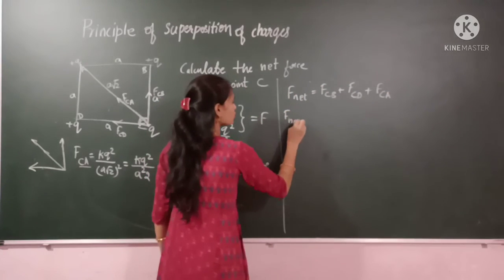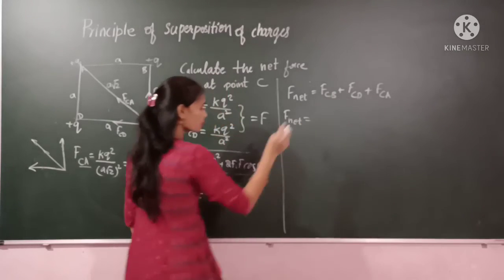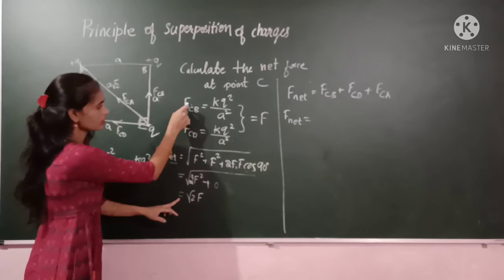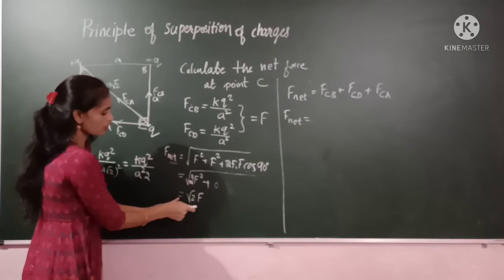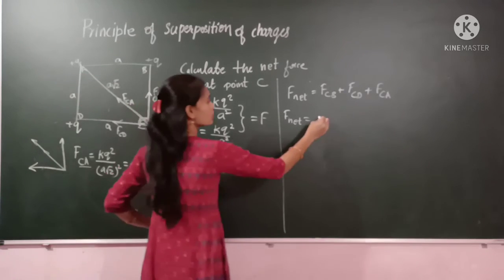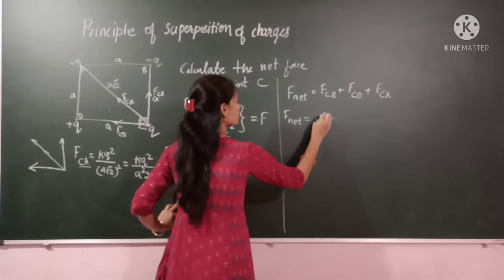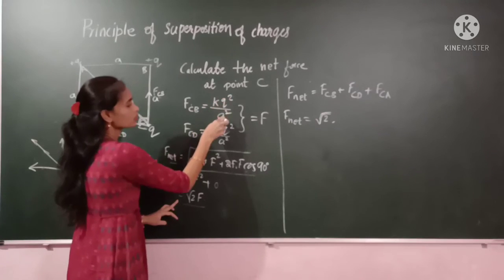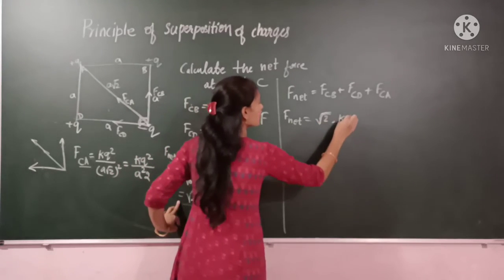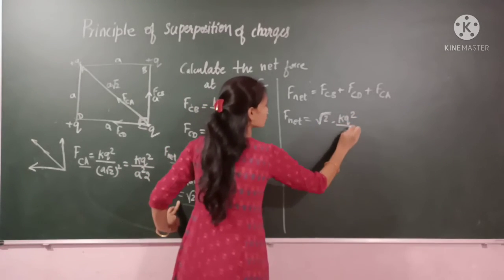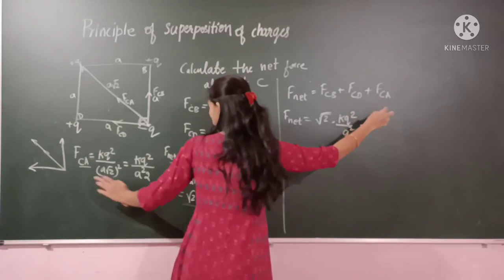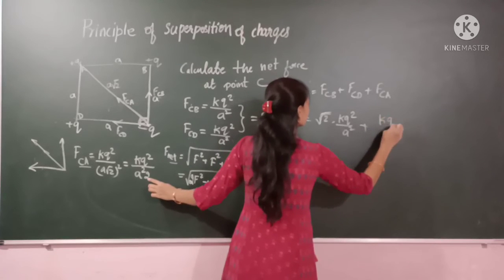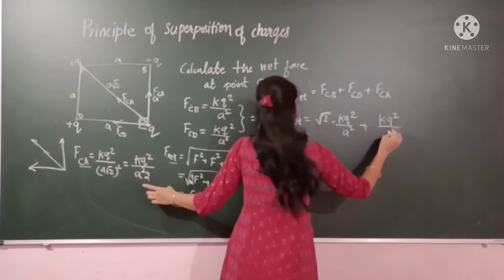So F net is equal to these two forces, for which we got root 2 into F. See here, if we add these two forces, we get root 2 F. The F value we can write as K Q square divided by A square, plus K Q square divided by 2 A square.